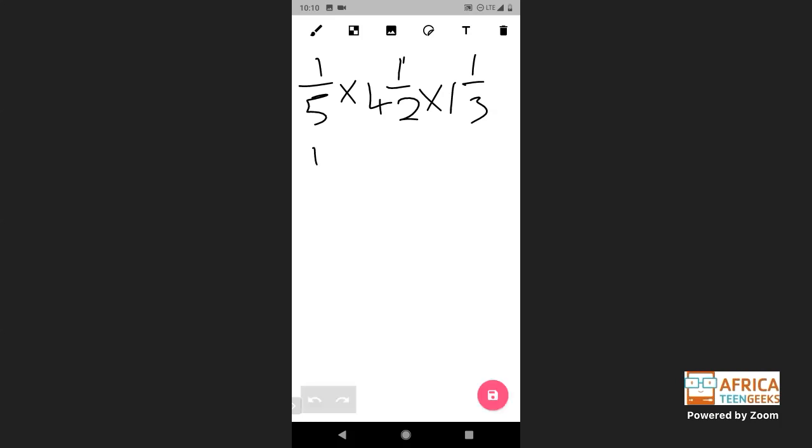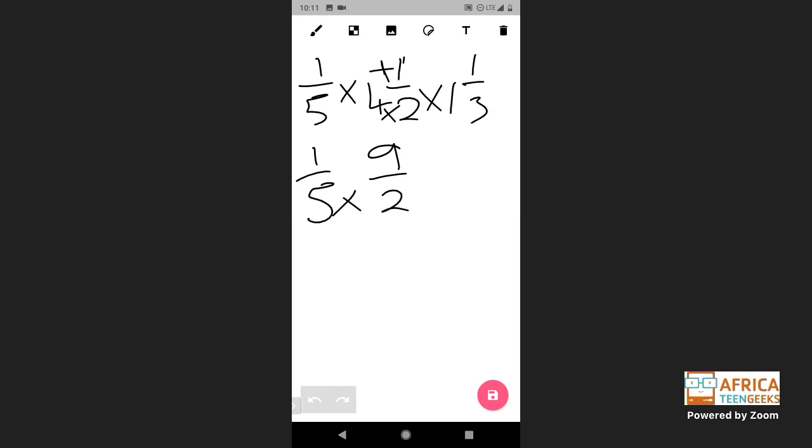So let's convert our mixed fractions to improper fractions. This one right here is already fine, 1 over 5. With this one, we'll have 2 multiplied by 4 plus 1, which gives us 9, because 2 multiplied by 4 equals 8 plus 1 equals 9. So we'll have 9 over 2. Remember, our denominators do not change.